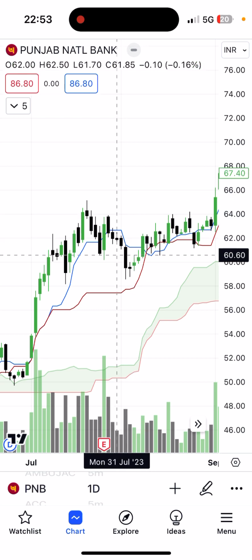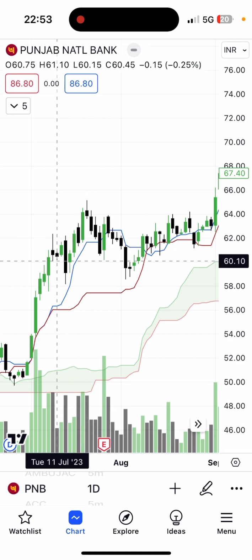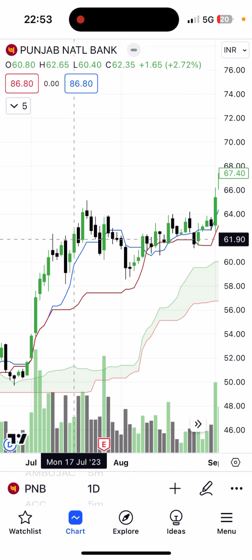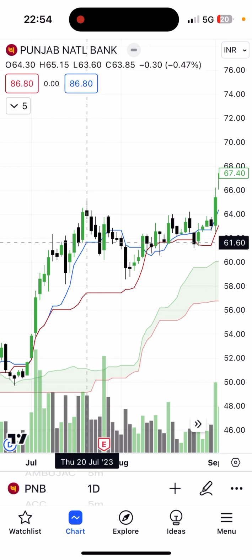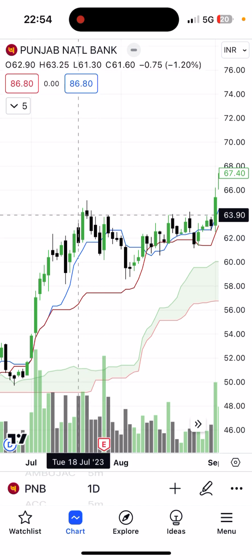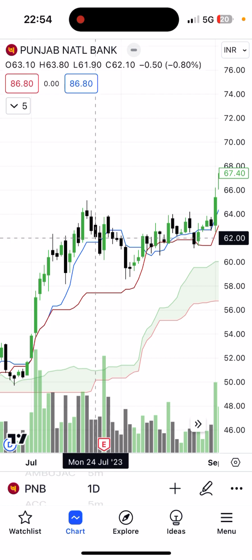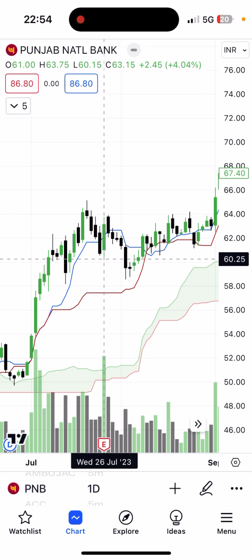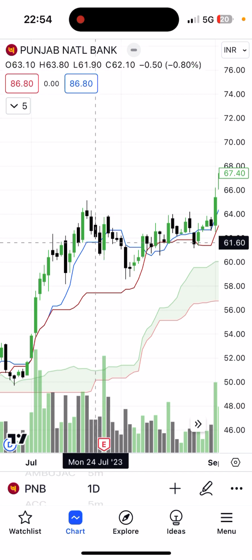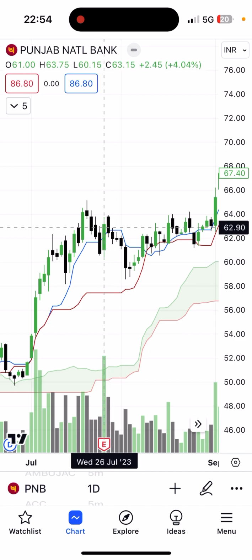So what I mean is, there are 2 to 3 strategies here. Number one is, once the blue line and red line go far away, meaning once it forms a C section, you can book the profits and wait for the price to close below the blue line, and wait for it to close above the blue line again, and re-enter the trade there.